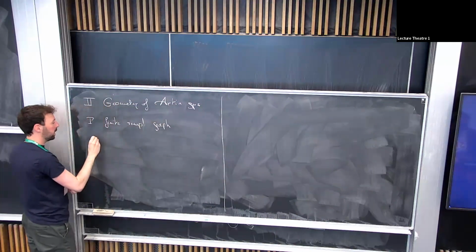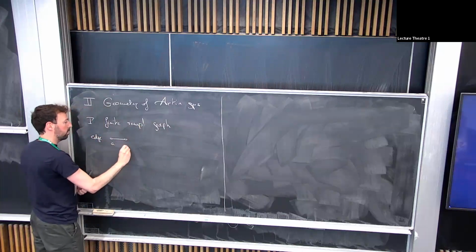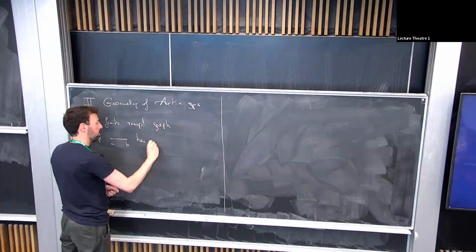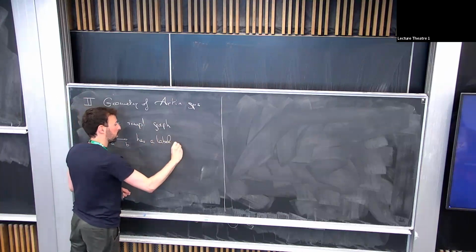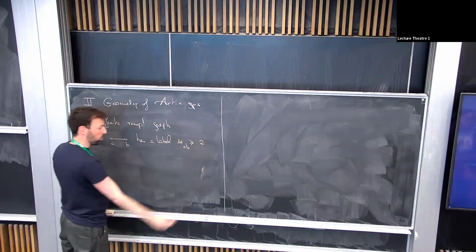And every edge between two vertices A and B comes with a label, the m_AB, which is an integer at least 2.